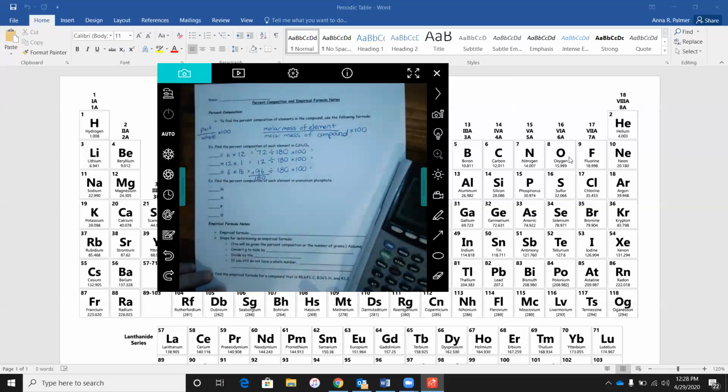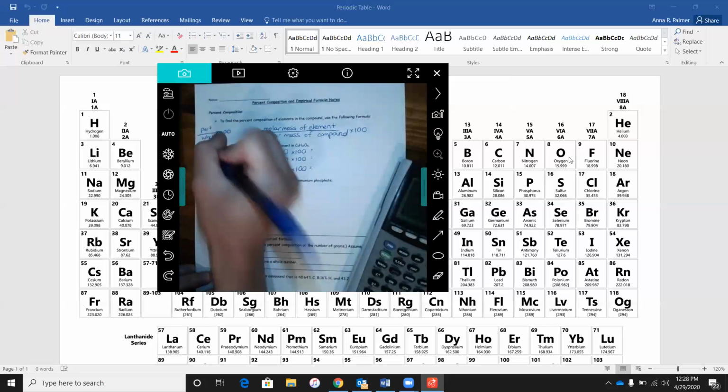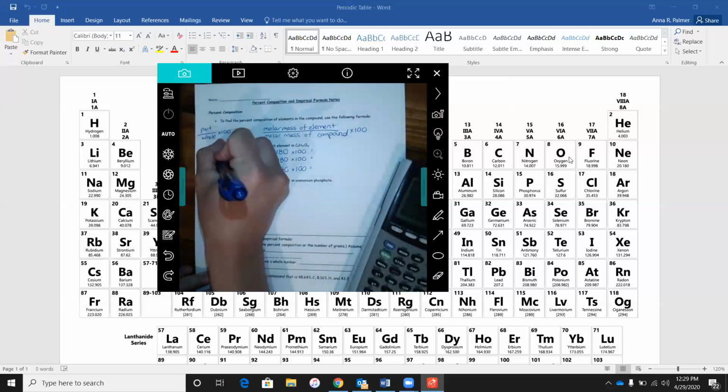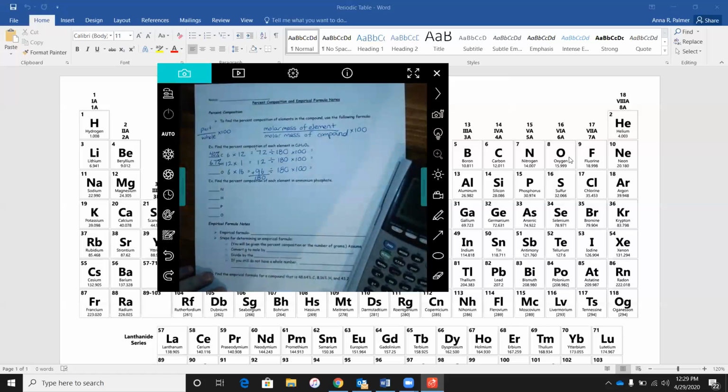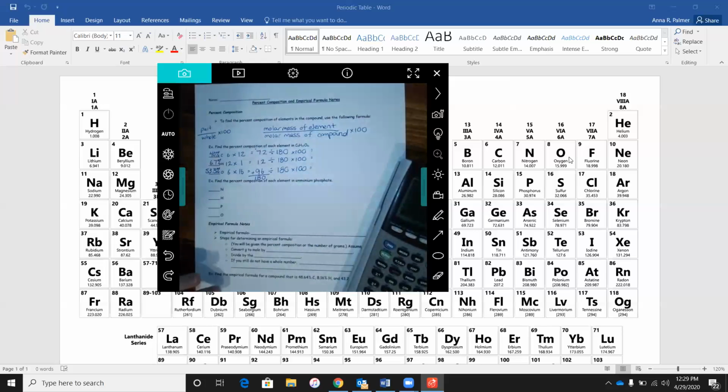So 72 divided by 180 times 100 gives me 40% carbon. 12 divided by 180 times 100 gives me 6.7% hydrogen. 96 divided by 180 times 100 gives me 53.3% oxygen.